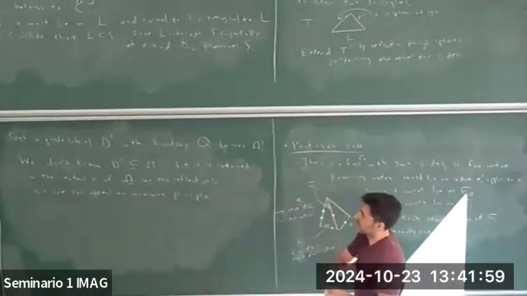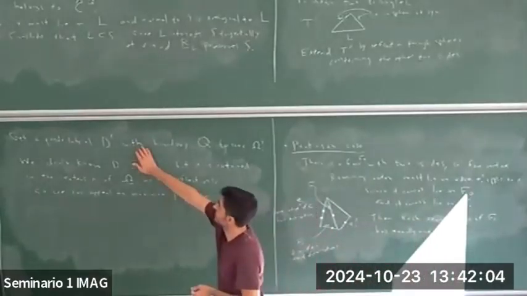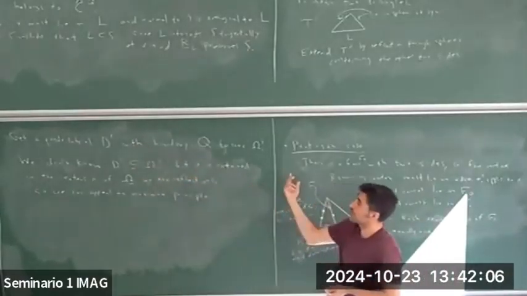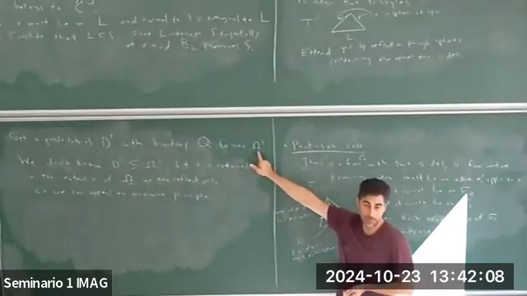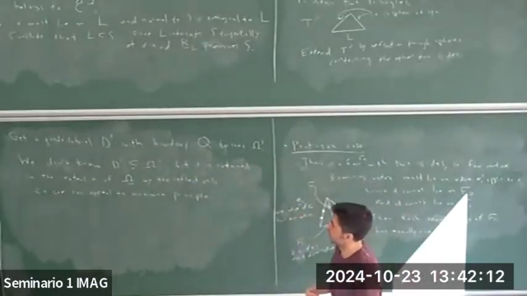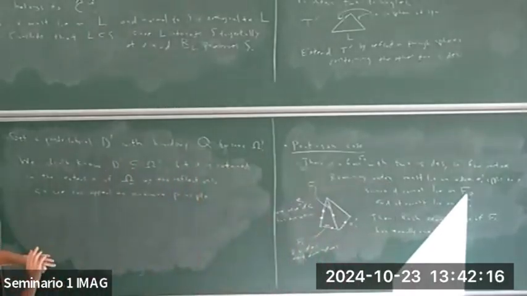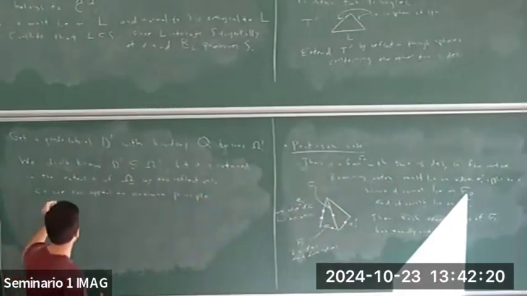Yeah, so I know that this disk has boundary some Q, and I also know that it's going to intersect some omega ij, right? So I take that omega ij, a priori, we don't know that it doesn't spill out, but we know it can't go too far, so we can use the maximum principle. It doesn't actually go out.